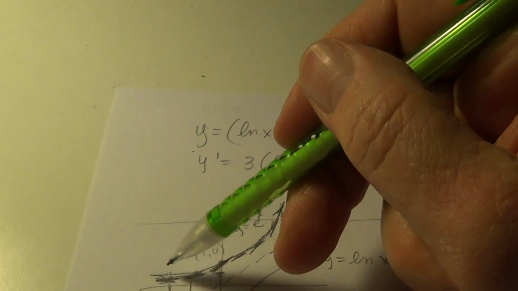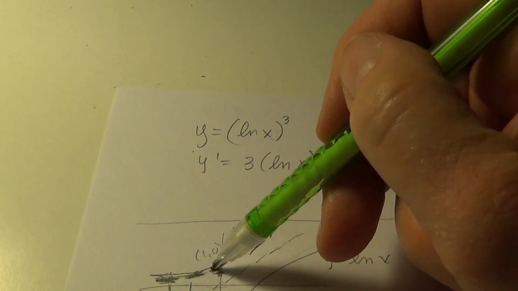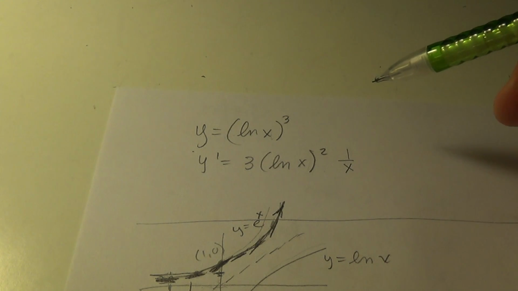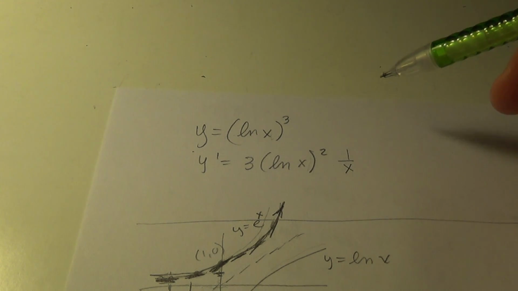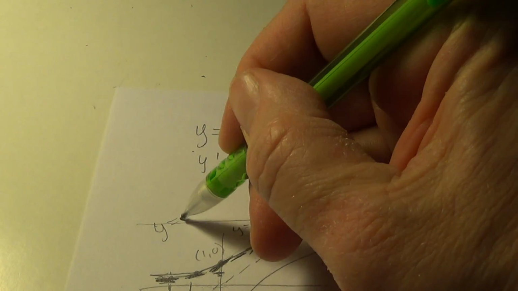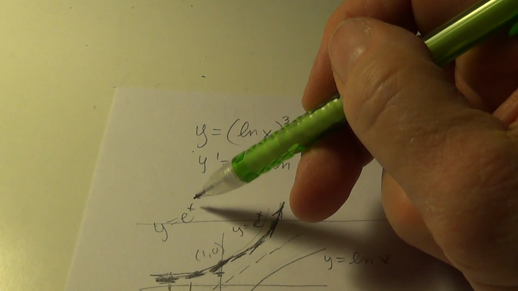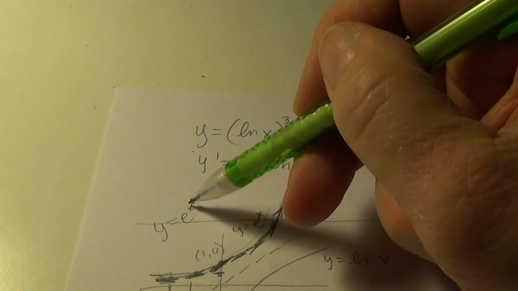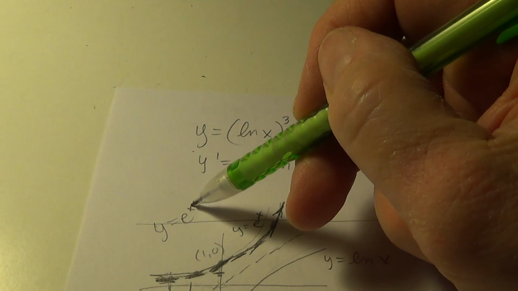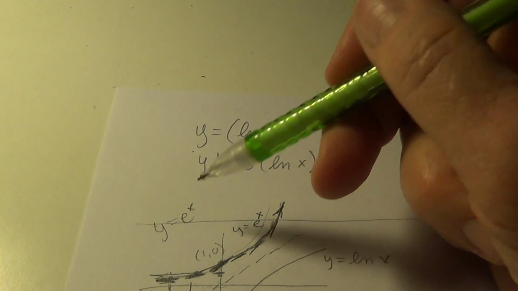And it sort of makes sense. It is everywhere the graph's value is equal to the slope, which is very odd to think that there could be such a thing, that there is a function out there, y equals e to the x, where the value of it, when I put in, say, 4 for x, I get e to the 4th. It is the same value for the slope at that point.